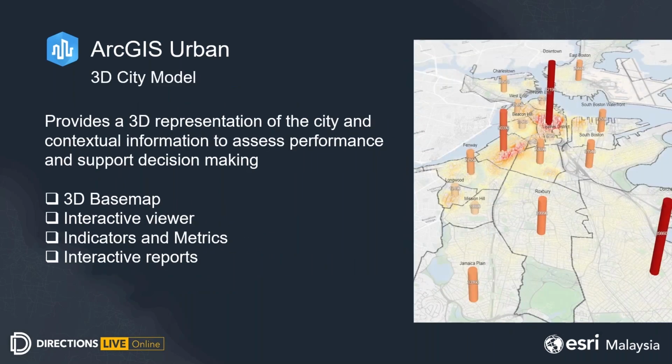Some of the features are going to be an ArcGIS Online based solution for now. And it will contain a 3D base map, which you can create yourself or use some examples or even some models that are provided by Esri. There will be an interactive viewer, which you can use to combine the basic 3D representation and that 3D base map with other 3D scenes.